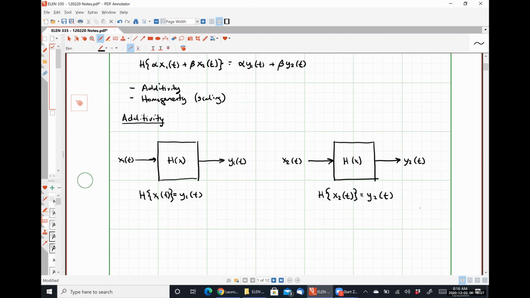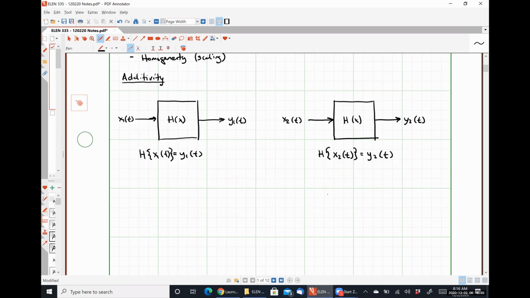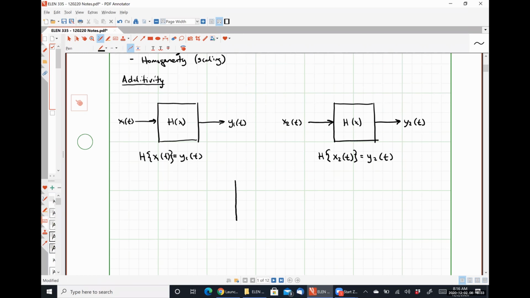If the system obeys the additivity property, then if I apply both inputs simultaneously, I should observe that the system is governed by this equation.